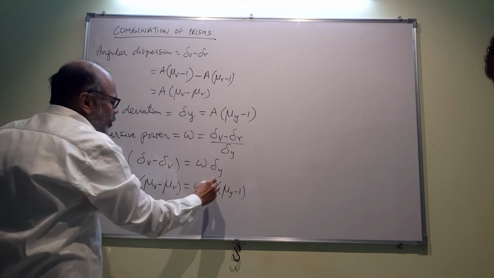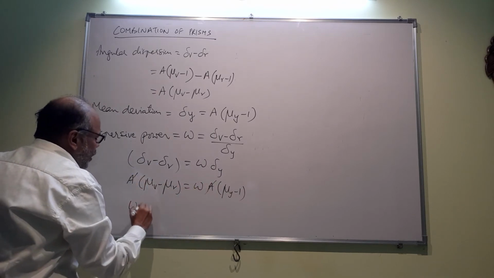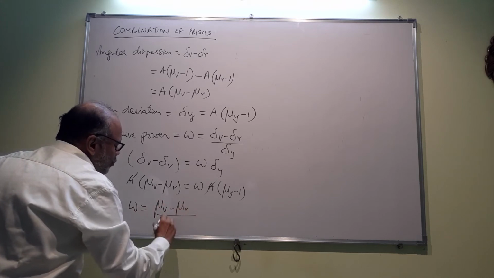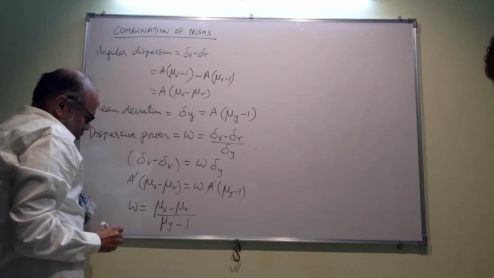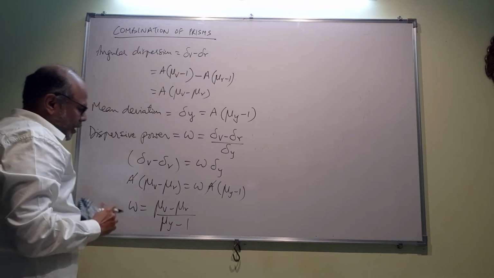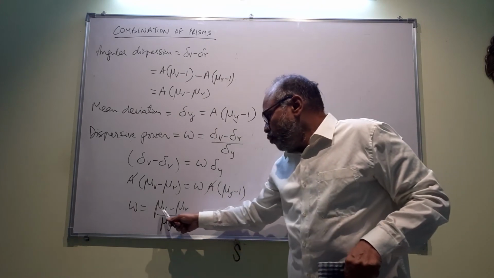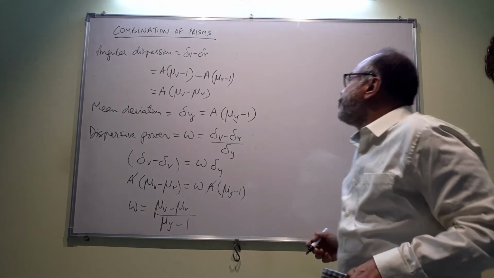Yes, so A cancels. You can also write omega as mu V minus mu R by mu Y minus 1. This is another way of writing omega in terms of the refractive indices for violet, red and yellow.